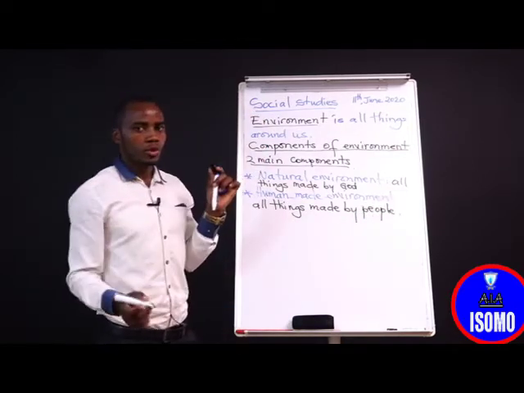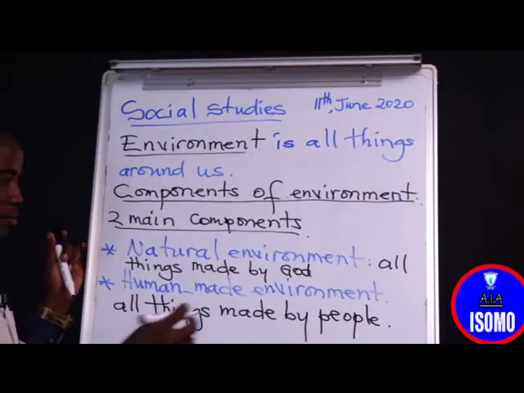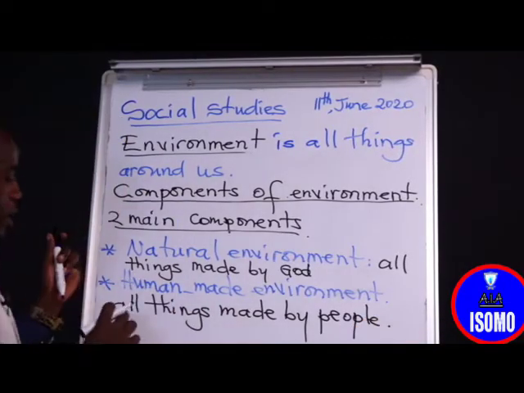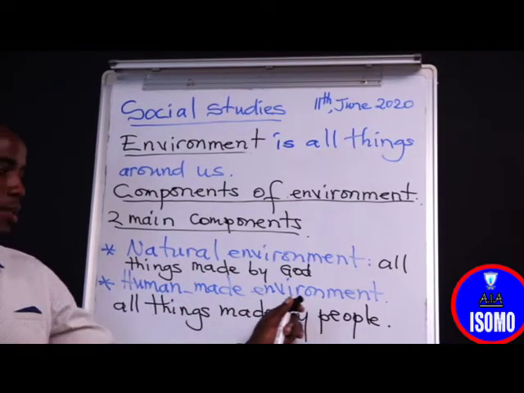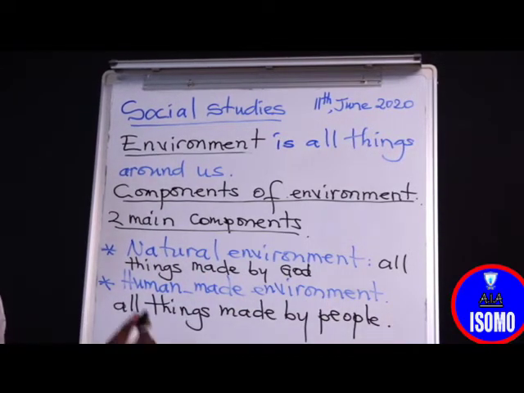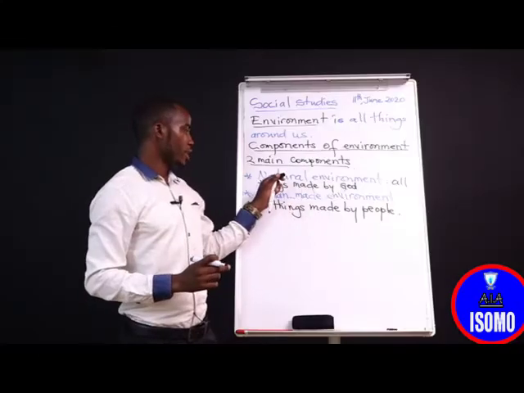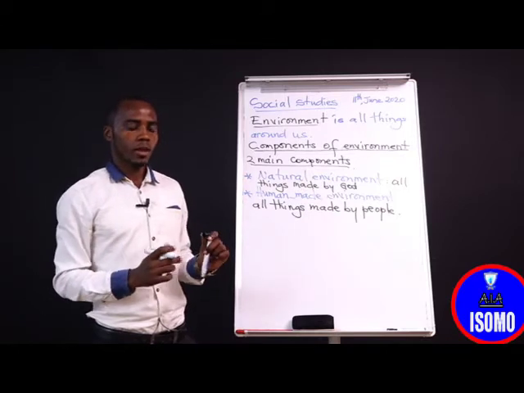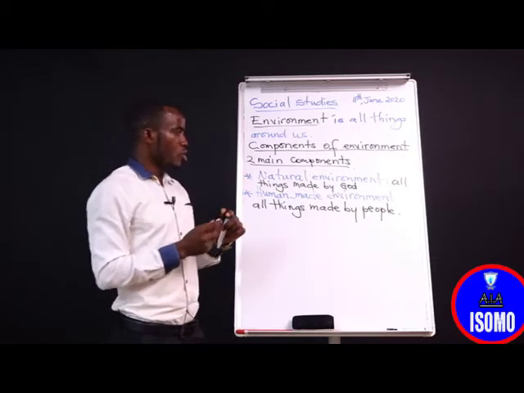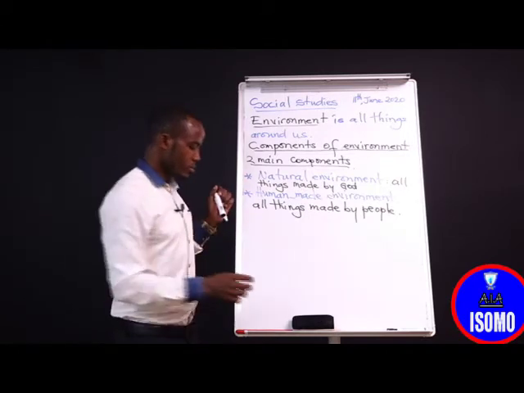We don't say peoples, we say people. Now, human-made environment, they are all things made by people. Natural environment, they are all those things made by God. Thank you so much. Now, who can give me an example?